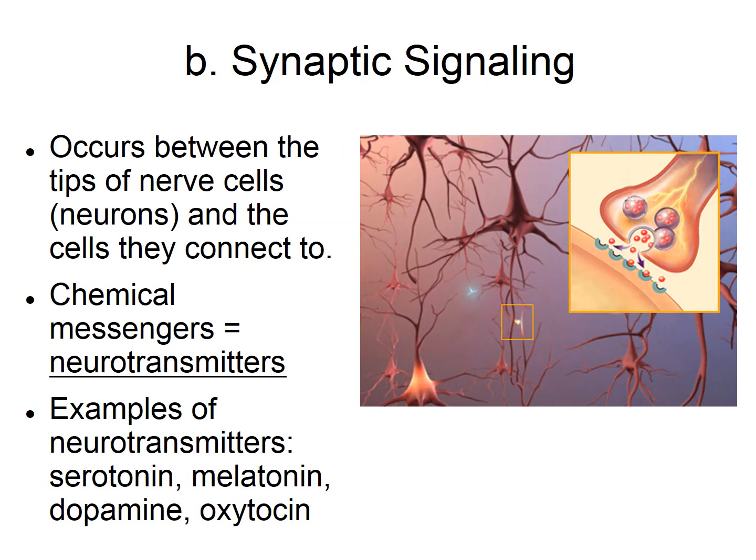Another type of local signaling is known as synaptic signaling. This type of signaling only occurs between nerve cells and whatever they are connected to. That being other nerve cells or your other organs, like your muscles or your guts. Look at the shape of these weird nerve cells.